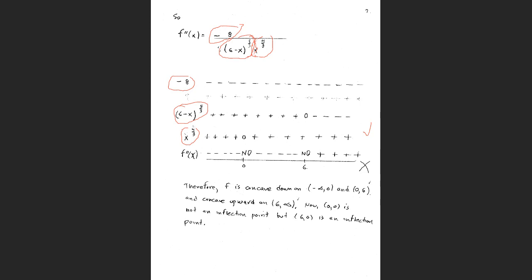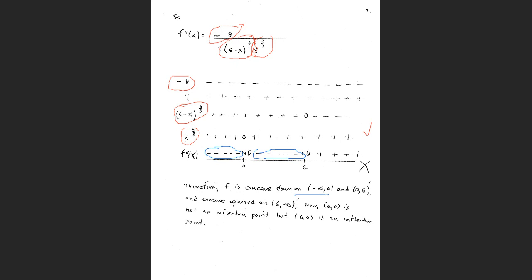But concavity does change. The second derivative changes from negative to positive about x equals 0, and that means, no, I'm sorry, let me take that back. See, I'm rushing, let me do it again. The second derivative is negative when x is less than 0, so the function's concave down on -∞ to 0.